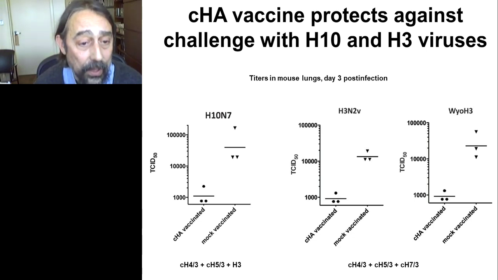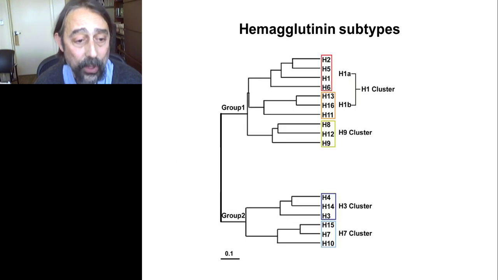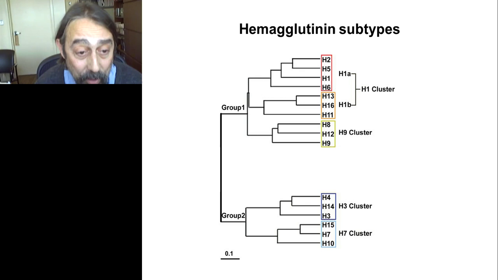In fact, they are protected against all group 2 hemagglutinins, which are included here: H4, H14, H3, H15, H7, and H10. Now, there is another set of hemagglutinins, group 1, including the H1s, that they are not protected against with a group 2 vaccine, but we can protect them if we use the same approach with group 1 vaccines.